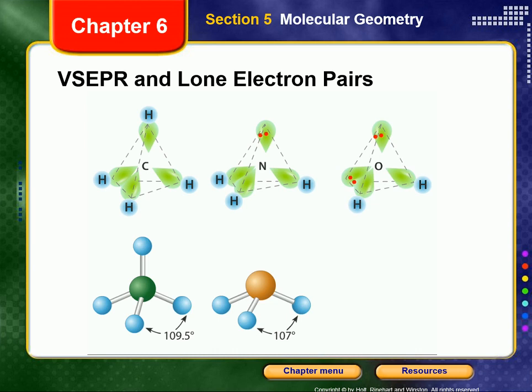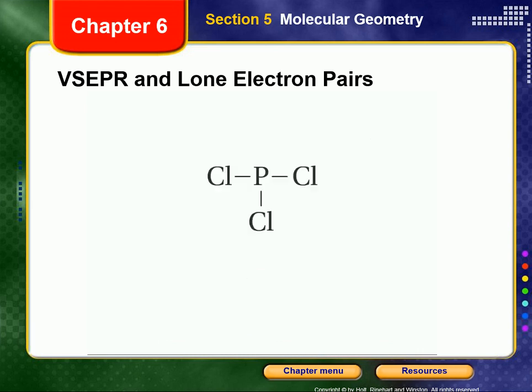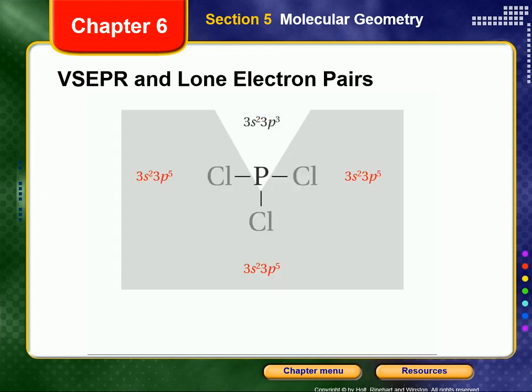We can predict the geometries of molecules by considering the locations of all the electron pairs in the valence shell. Phosphorus trichloride, for example, is made up of a central phosphorus atom attached to 3 chlorine atoms by single bonds. Consulting the periodic table, we see that phosphorus has 2 valence electrons in s orbitals and 3 valence electrons in p orbitals. The chlorine atoms all have 7 valence electrons, 1 empty spot in one of their p orbitals.